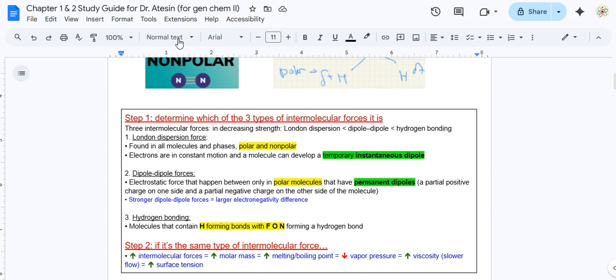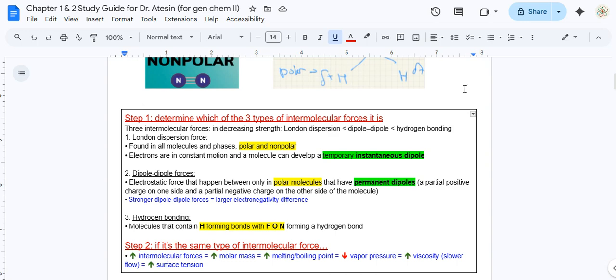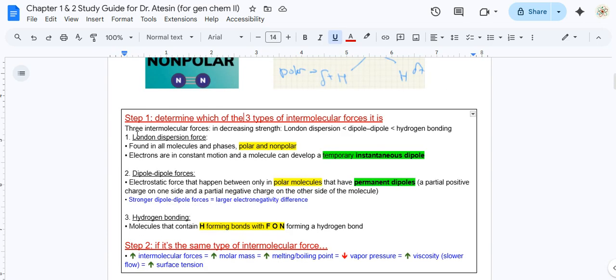You determine which of the three types of intermolecular force it is. And we know Br2, I2, and CO2 are homodiatomic molecules, so they're all nonpolar, meaning they only have London dispersion forces. So they do have the same type of intermolecular force. So now we need to try step 2, which is using these relationships.